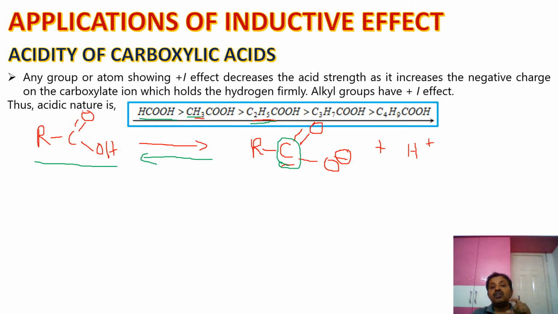So the carboxylate ion stability decreases, which makes the reaction go backwards and stabilizes the carboxylic acid group. The reaction moves towards the backward direction, and the stability of the carboxylate ion decreases, which decreases the acidity of the carboxylic acids.